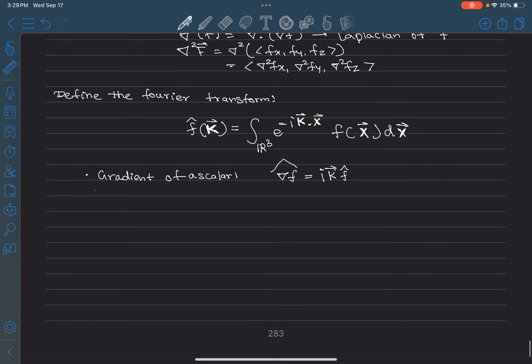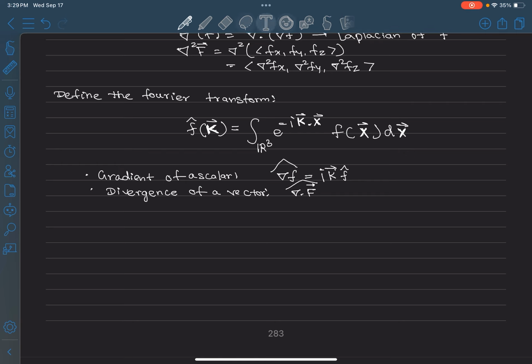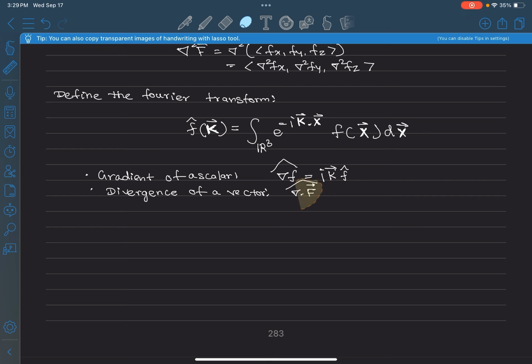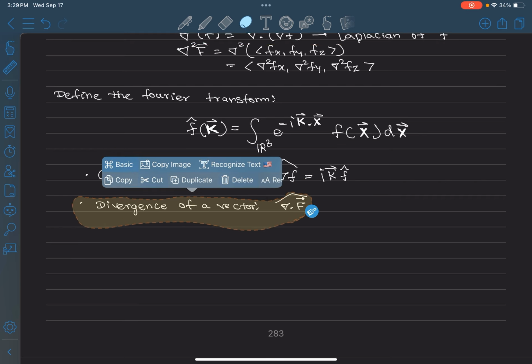Similarly, the divergence of a vector function: if I take the whole Fourier transform of this, let me make a little space over here because it seems congested.